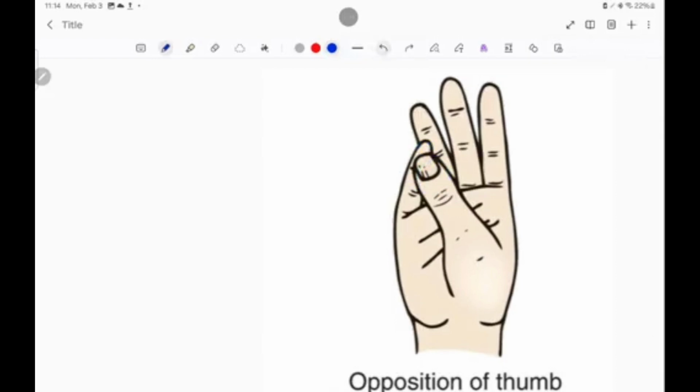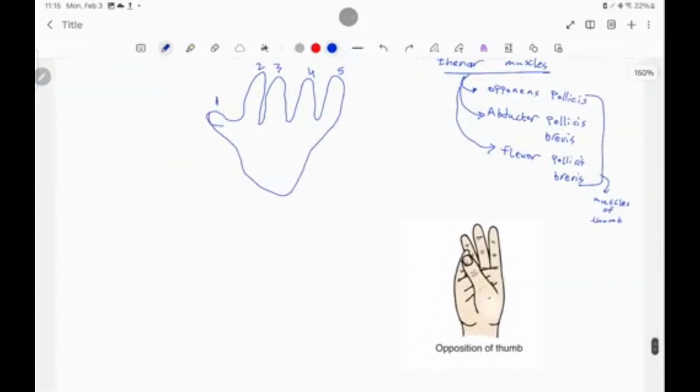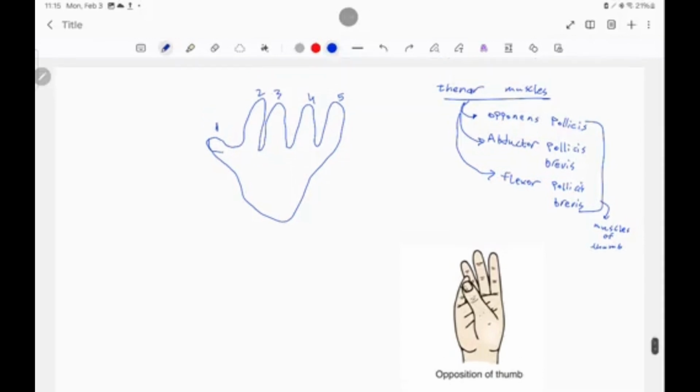So for example, someone is holding a tooth brush with his index and his thumb, for example. He cannot hold it, so we suspect which nerve injury? Median nerve injury, if he cannot oppose his thumb. Because as we said, the thenar muscles are supplied by the median nerve.